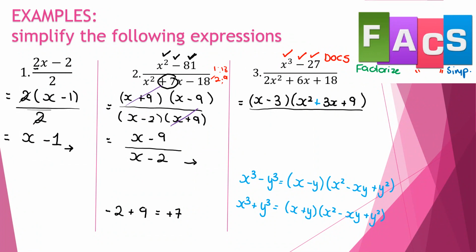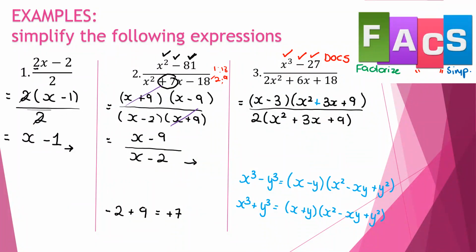Now we go ahead and we focus on this denominator, right? This looks like a trinomial, but I'm also noticing that common factor, and you always do common factor first. So we go ahead and we take out our common factor of 2, and we remain with the factor x squared plus 3x plus 9.